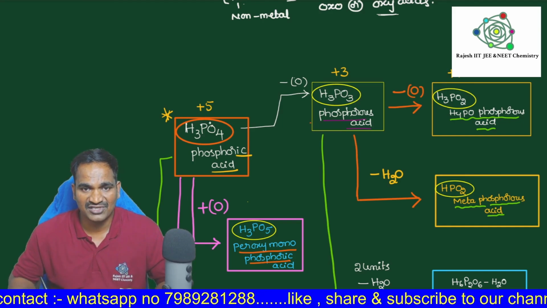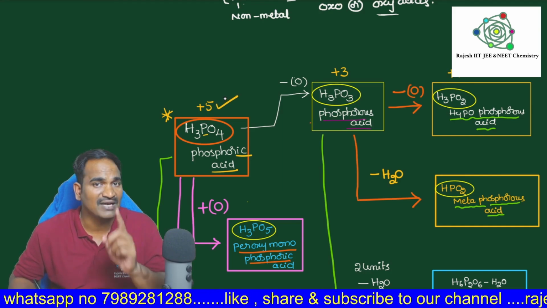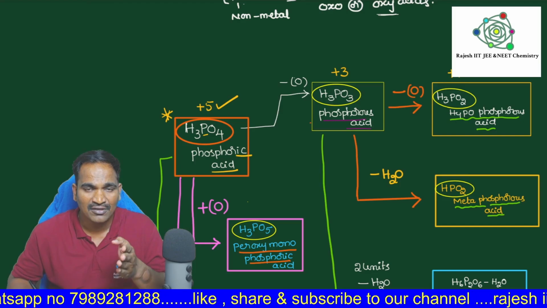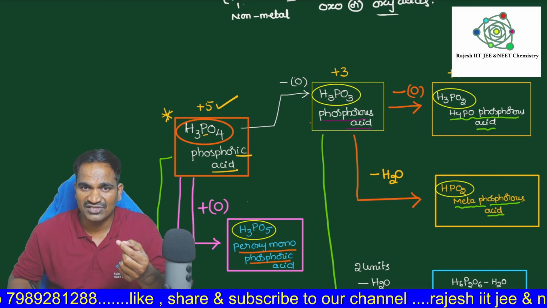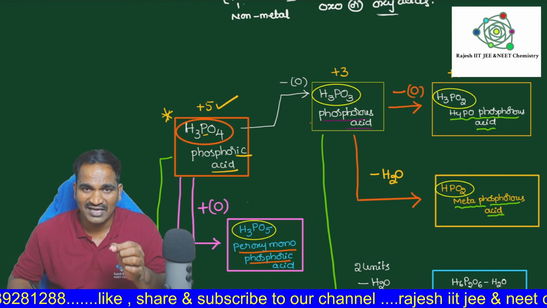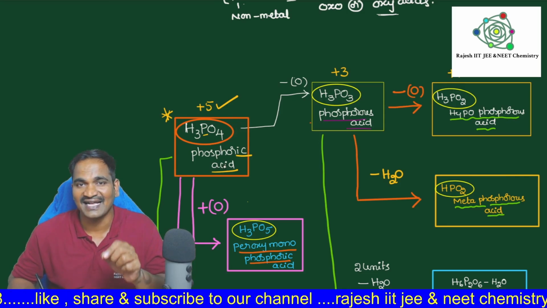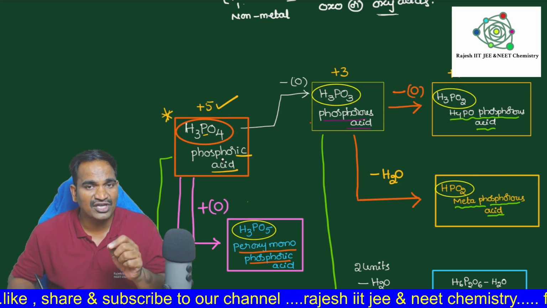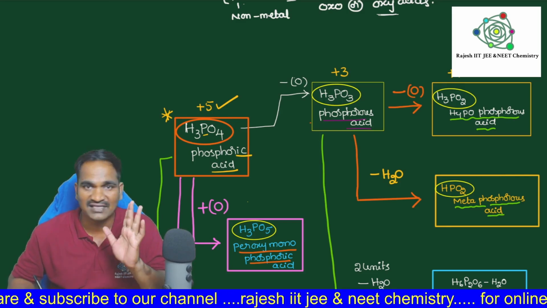What is its oxidation state? Here phosphorus oxidation state, if you calculate, is +5. You all know very well, we discussed before, if it shows +5 oxidation state or more than that, we call it an ic acid. Which acid is this? Phosphoric acid, and its formula is H3PO4.